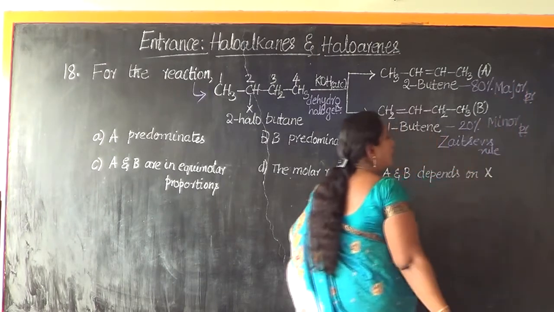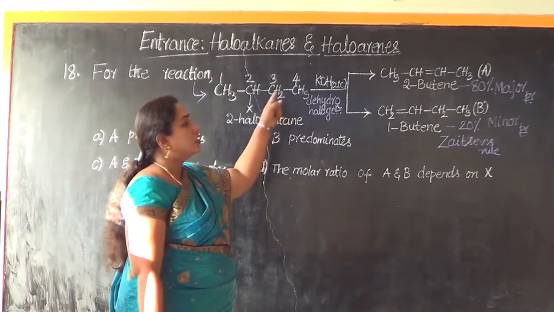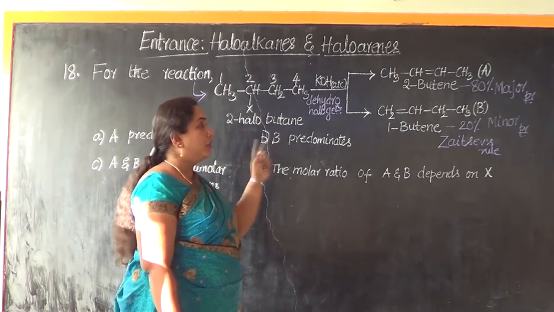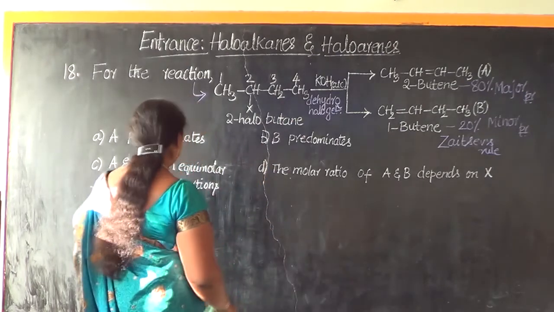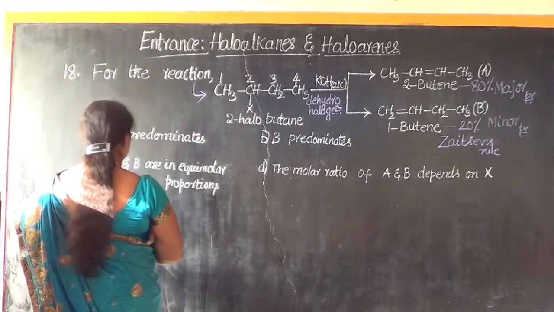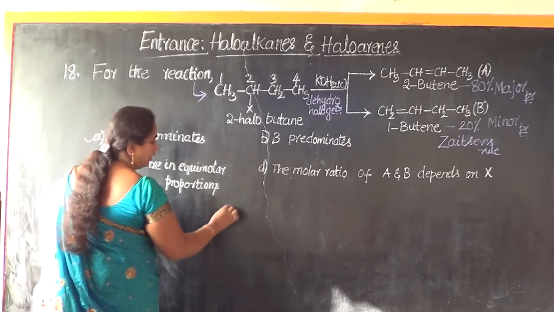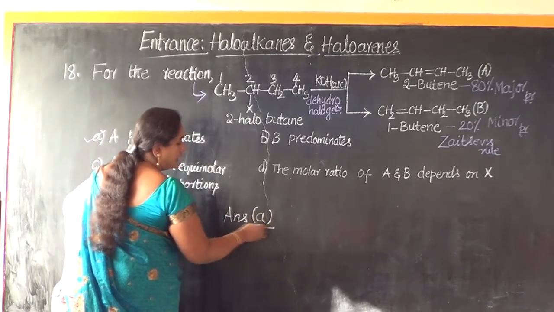So, which is going to be the predominating one? Obviously, A, that is 2-butene, will be produced in higher percentage. Therefore, option A is the correct answer. That is, A predominates.